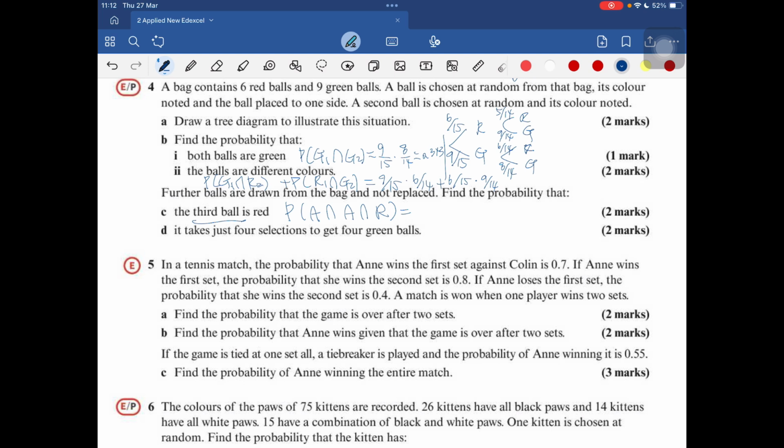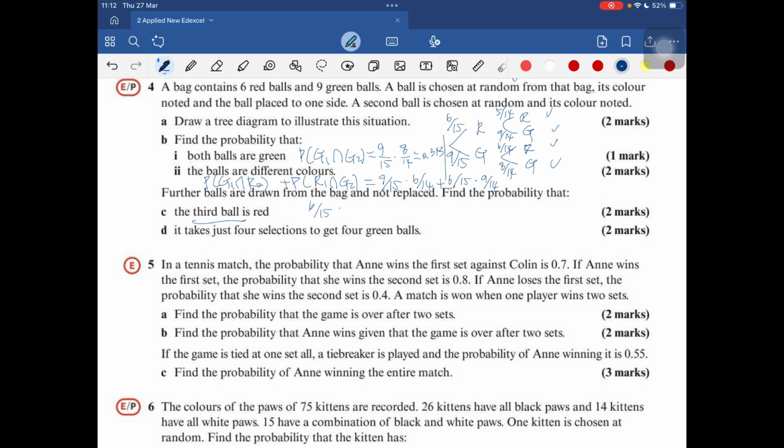Sorry, it's not replaced. So red, red, red, red, green, red, green, red, red, green, green, red. I'll make it from here, sequentially.